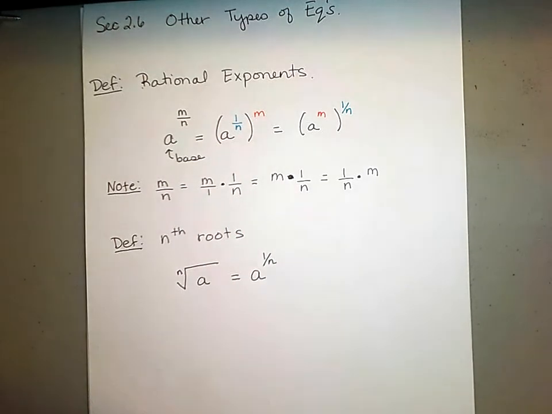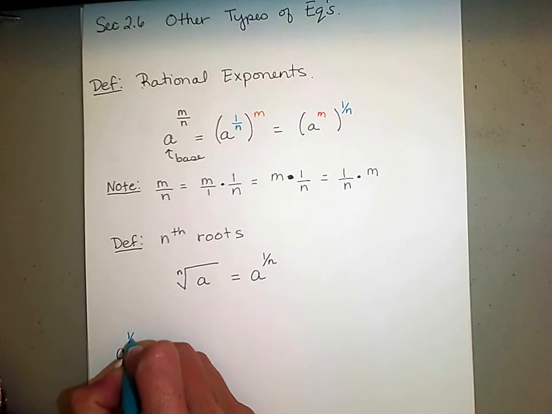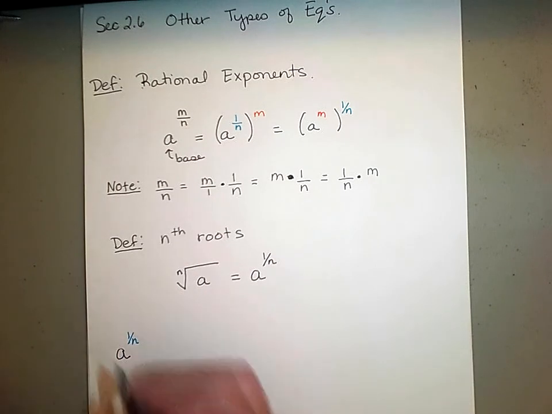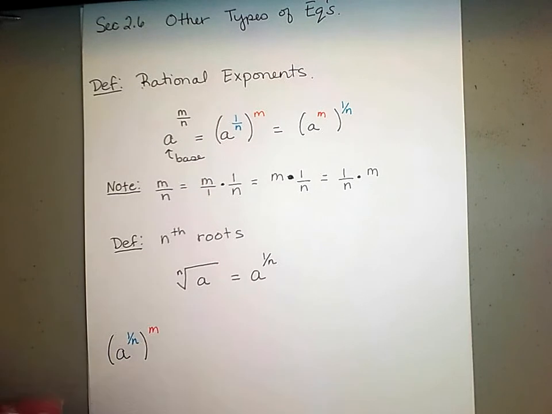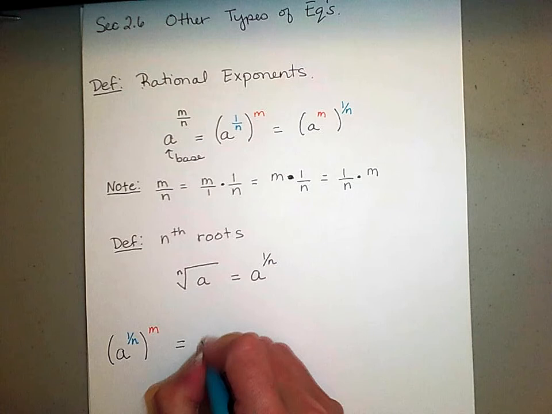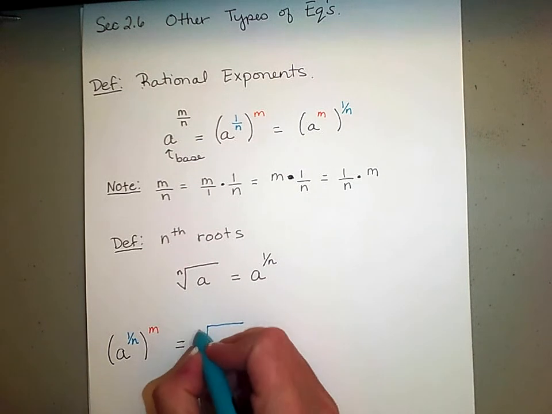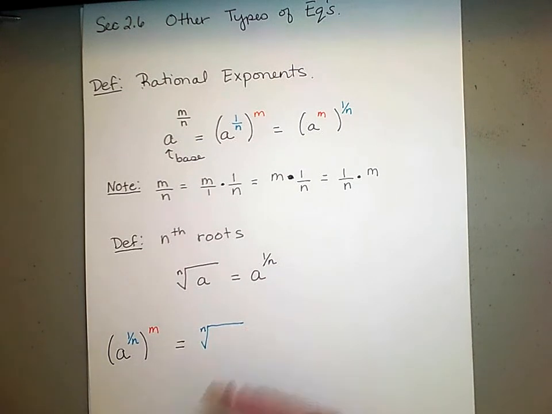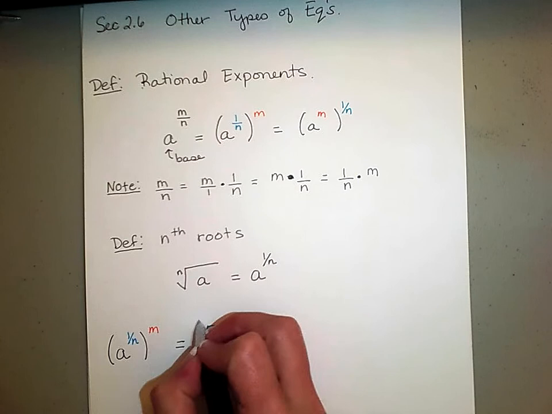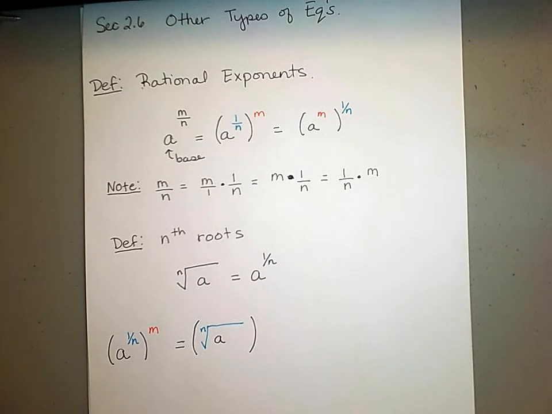So for example, our first one, a to the 1 over n, whatever root we're taking, and then we could raise it to the m power. This means that I could take the nth root first, and then raise it to the power. Or we can do it the other way.